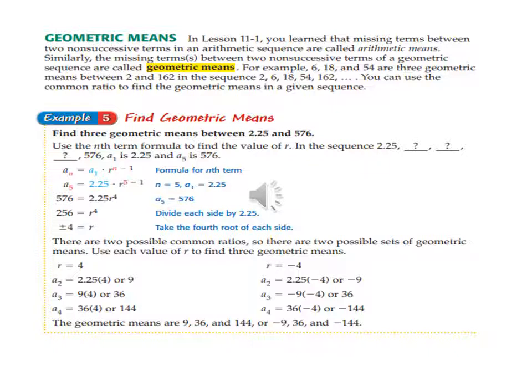Find geometric means. Find three geometric means between 2.25 and 176. You can use the nth term to find the value of r in the sequence, so you can find r equals plus or minus 4, and you can also write a2, a3, a4, and so on by r plus 4 and r minus 4.